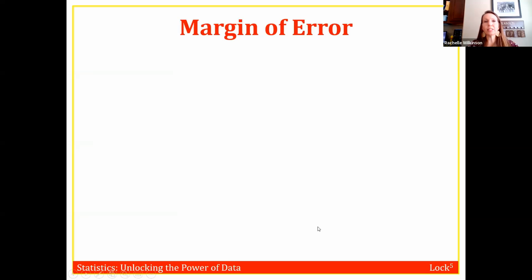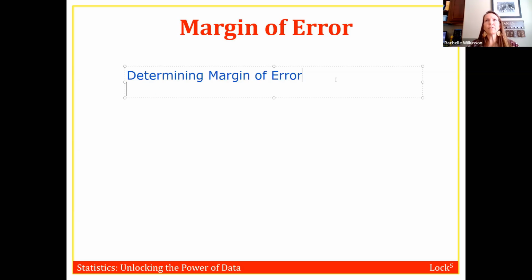Okay, so let's talk a little more about margin of error and where it comes from. We've already noticed that when our sample size gets bigger, our margin of error gets smaller. It all comes back to the variability of the sample statistic.